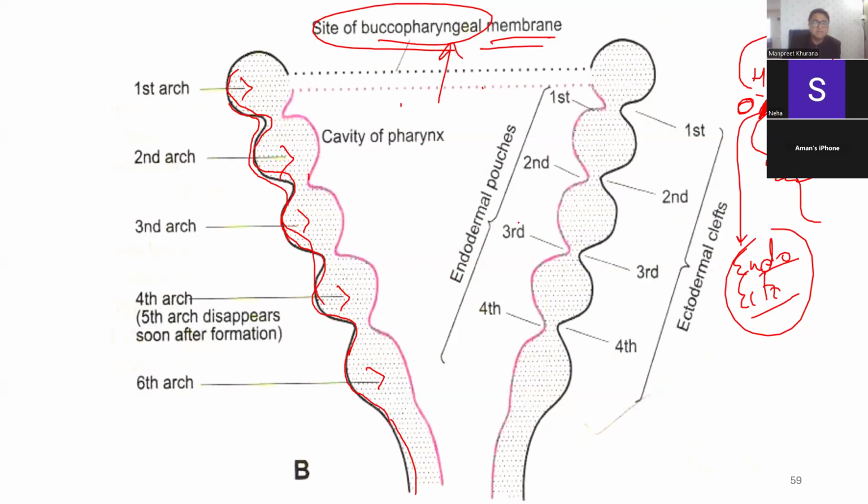Now, there are some pouches which are formed from endoderm, inside. So there are first pouch, second pouch, third pouch, and fourth pouch. And outside, from ectoderm, we call it cleft. So this is known as ectodermal cleft. First cleft, second cleft, third cleft, and fourth cleft. Did you understand?